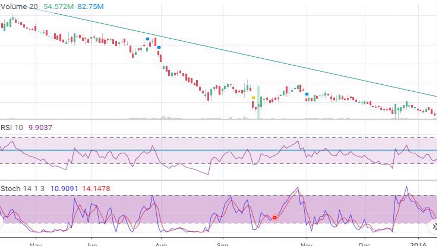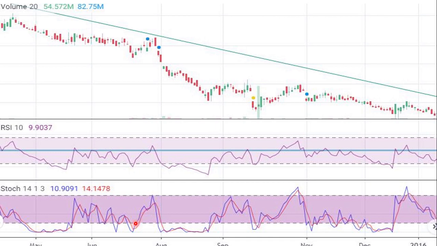Okay, when these two lines cross each other in the overbought zone, it gives us a selling signal. But you can see the prices are not in the overbought zone. Okay, so we get a selling signal from the RSI indicator. It's better for us to use only the RSI indicator. For example, here at this point, we get a selling signal.